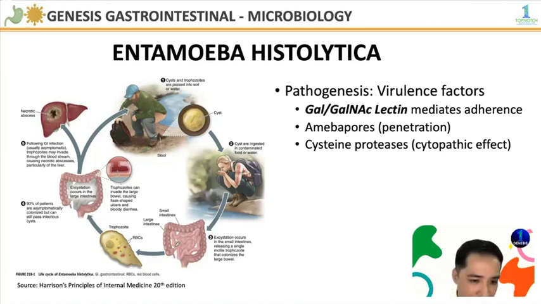Now, Entamoeba loves your RBC. So you will see one of the signs is the presence of RBC inside the trophozoite. And this trophozoite will colonize the large intestine. In some cases, it can cause other extraintestinal manifestations.